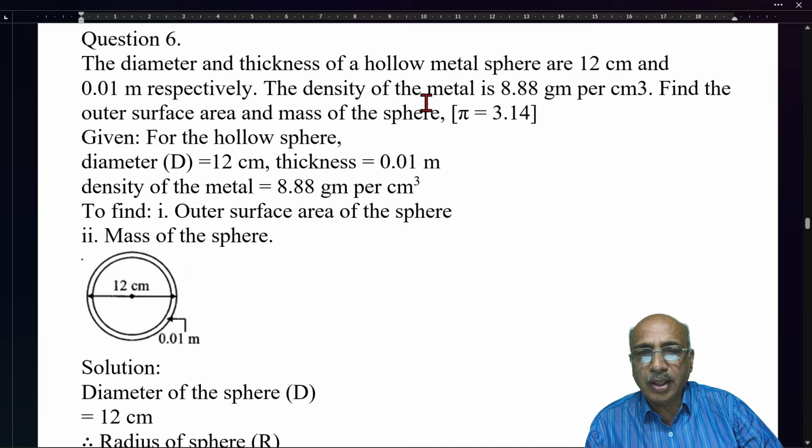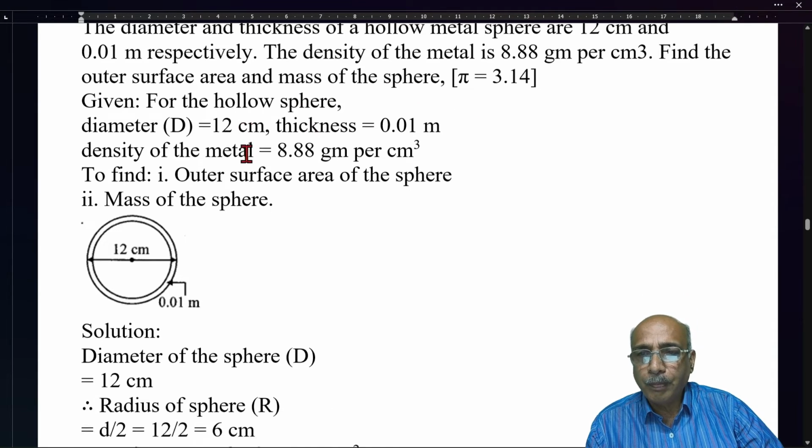Next problem. The diameter and thickness of a hollow metal sphere are 12 centimeter and 0.01 meter respectively. The density of the metal is 8.88 gram per centimeter cube. Find the outer surface area and mass of the sphere. Pi equals 3.14.